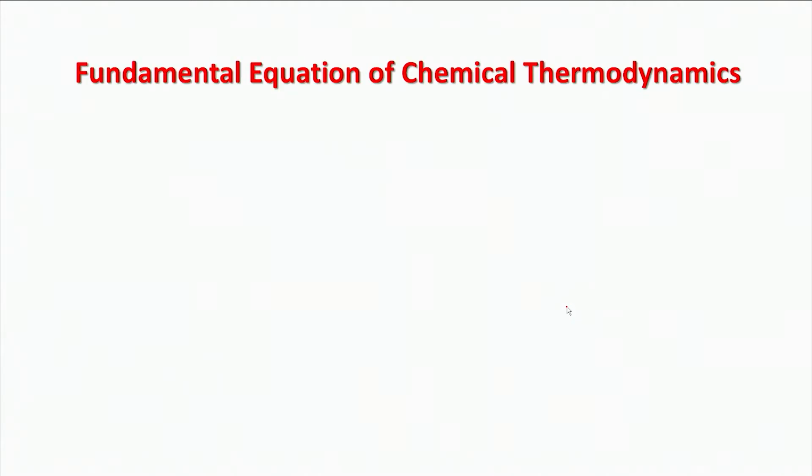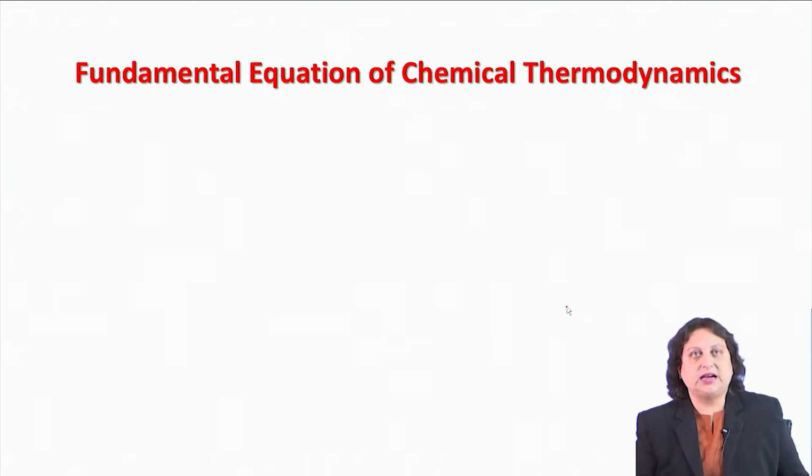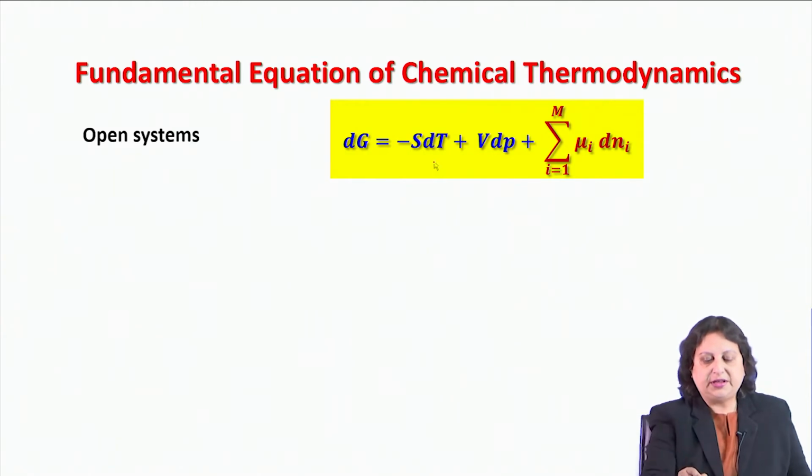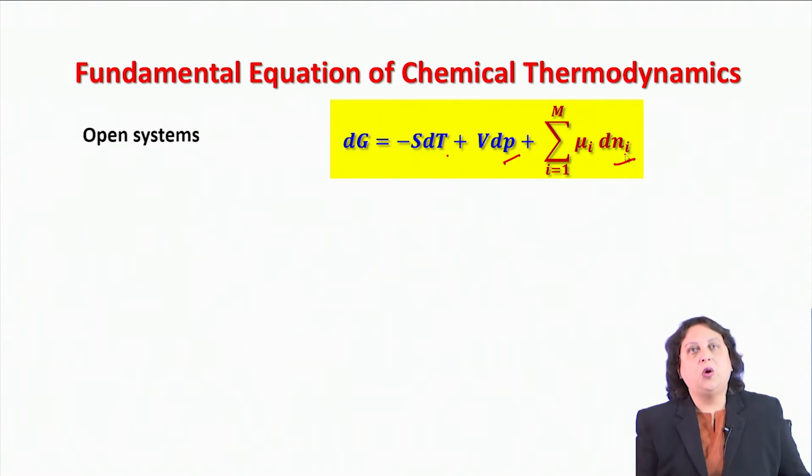Now let me remind you that in this discussion we are going to use the fundamental equation of chemical thermodynamics, which is applicable to open systems, whereby the Gibbs free energy of the open system is expressed as a function of temperature, pressure and composition of the system.